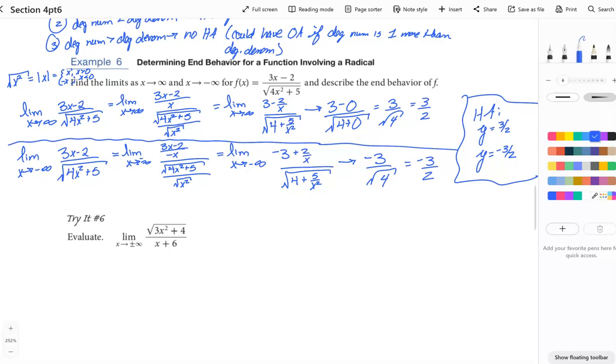This one's going to work the same way. I'm going to split this up: the limit as x approaches positive infinity, and then the limit as x approaches negative infinity.